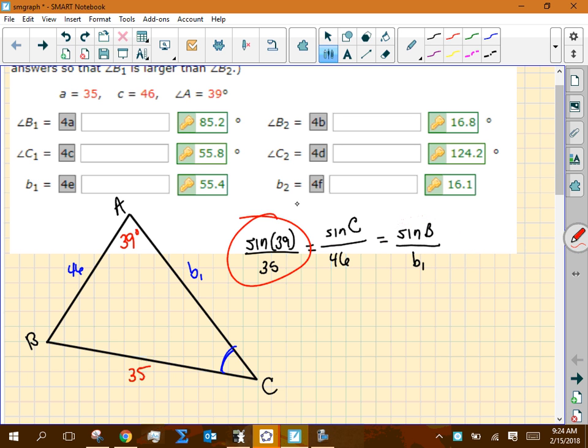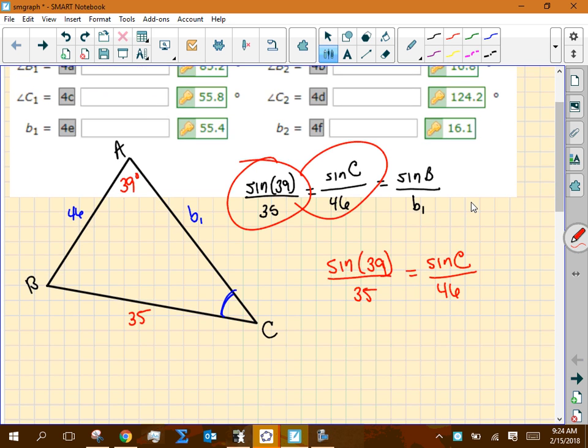So I need to take these 2 and set up the proportion, the sine of 39 over 35 is equal to the sine of C over 46. Cross multiply, get 46 sine of 39 is equal to 35 sine of C, right?